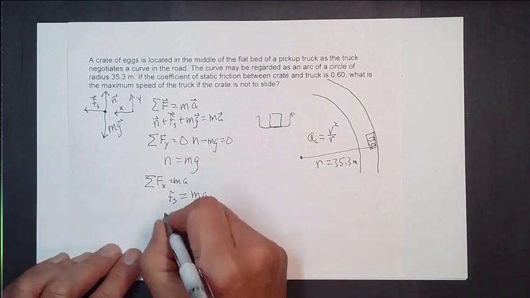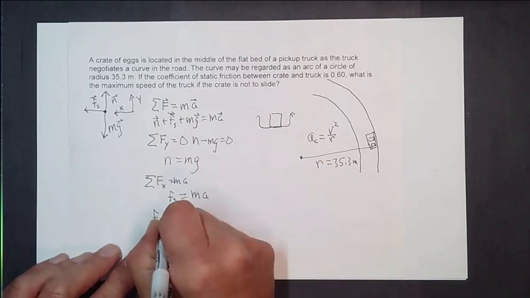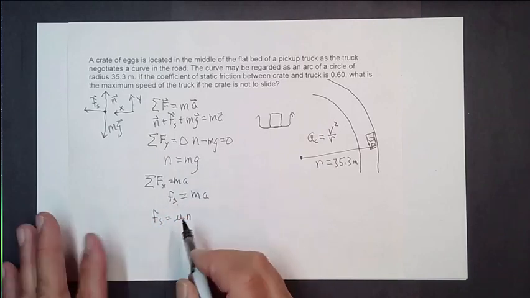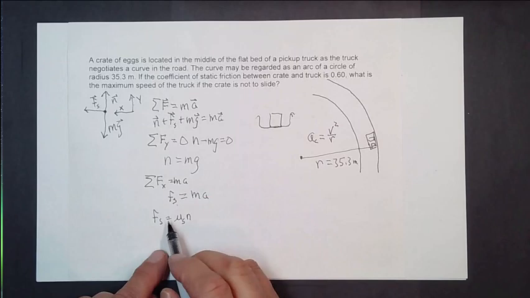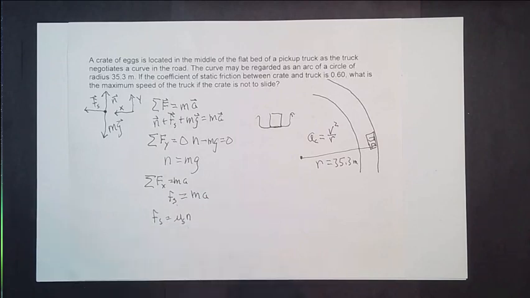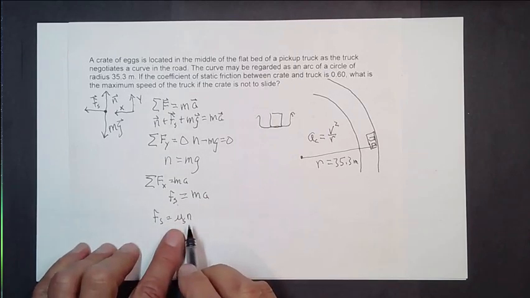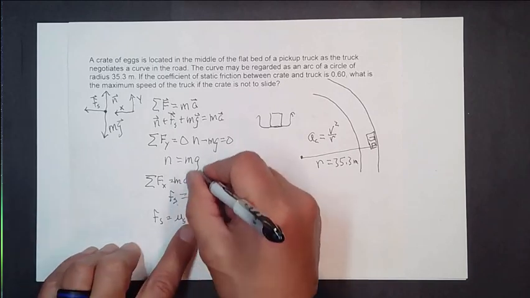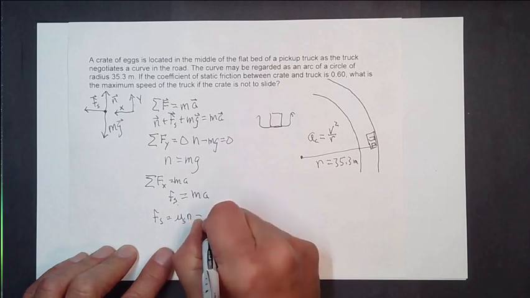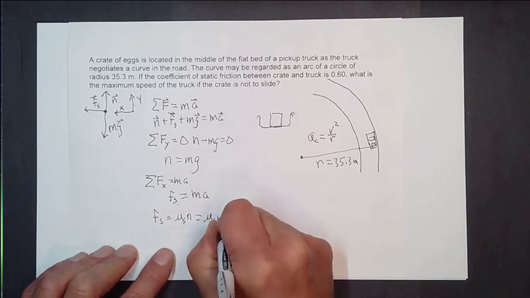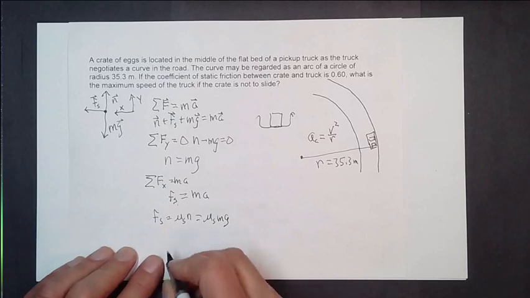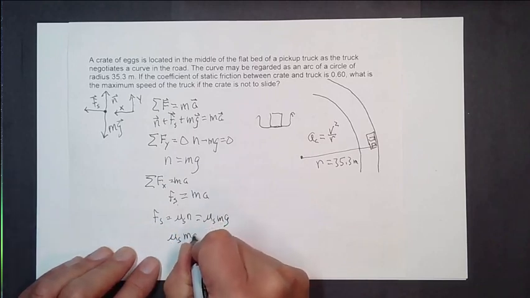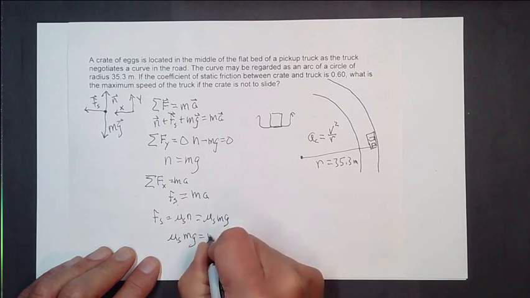So that means F sub s will equal mu sub s times N. That's the one that can in general be less than or equal to mu sub s times N. So we have that. And what else do we have? Oh, N is equal to mg, so this will be mu sub s mg, and I can say that mu sub s mg will equal ma.